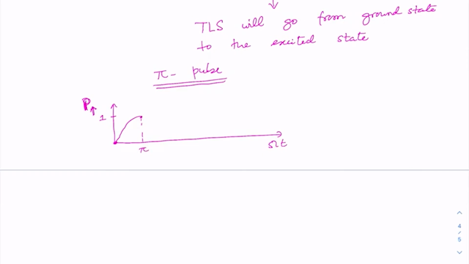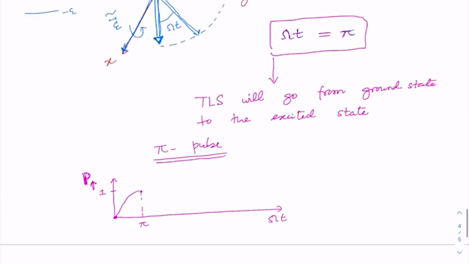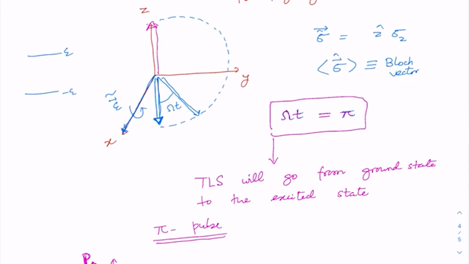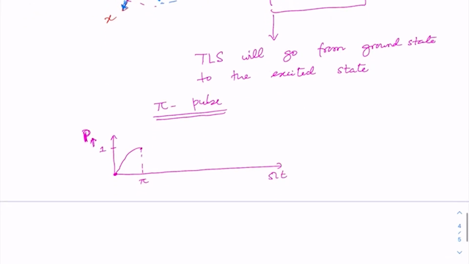Now as time goes on, this Bloch vector will keep on rotating, and finally it will go back to the ground state. So after another pi, that means when omega t is equal to 2 pi, the two level system will again go to the ground state, and this process will go on and on.